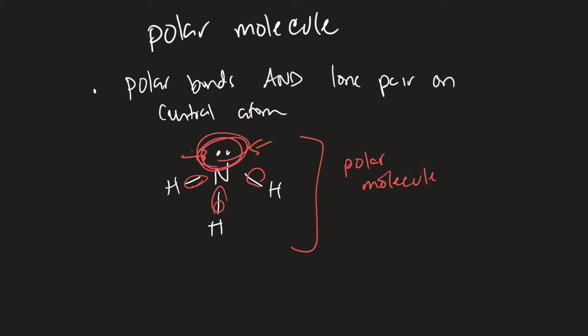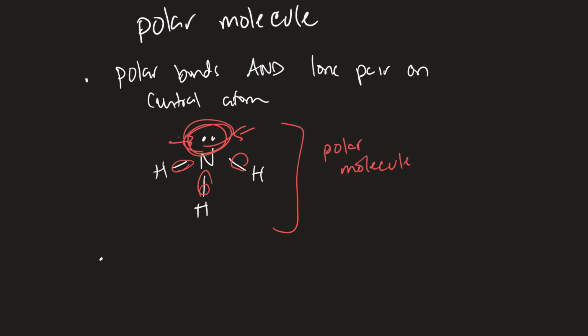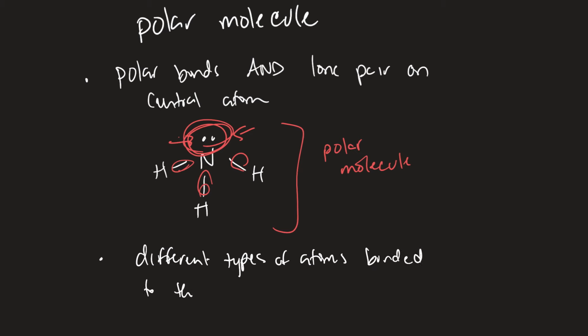All right. And another way that we can identify something to be a polar molecule is if you have different types of atoms bonded to the central atom.